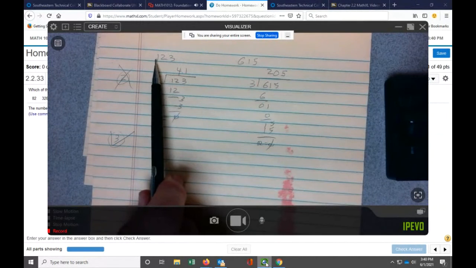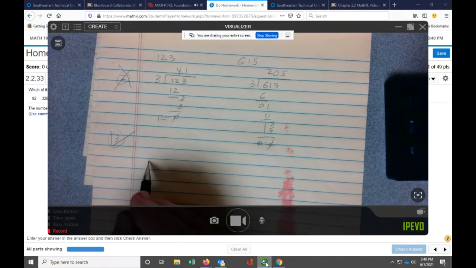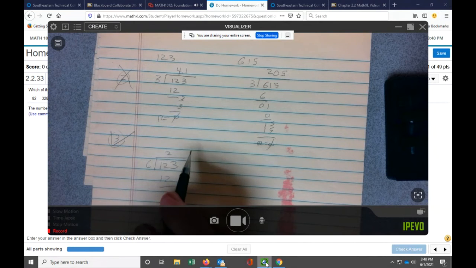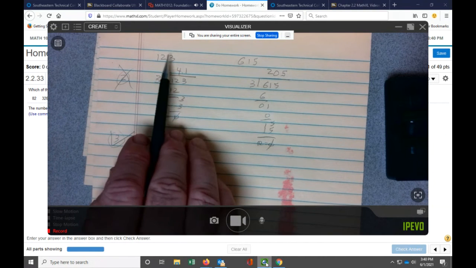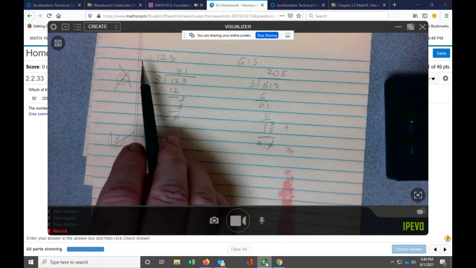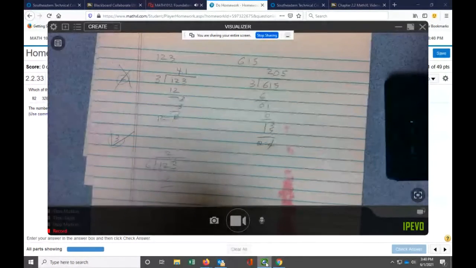Is that what it said? 1 plus 2 is 3, and 3 plus 3 is 6. So we think maybe 6 will go into that one. Uh-oh, it didn't work, did it? So that must not have been the test for divisibility by 6. Wait, I remember what that one was.